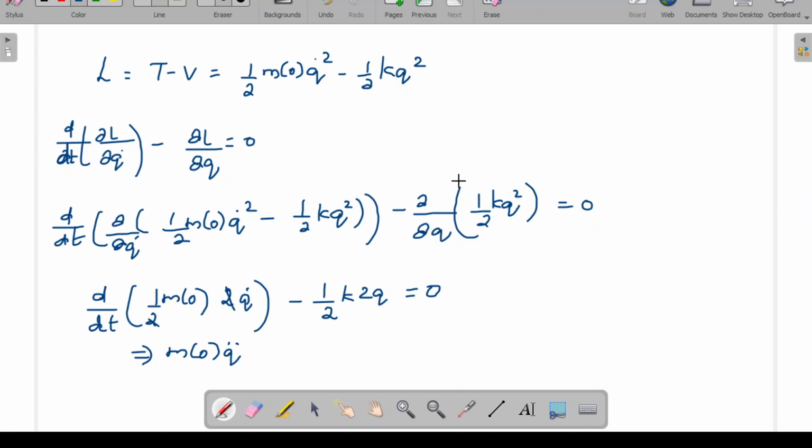This term turns out to be 0 when we take the derivative. Then there is a negative here, so that negative with a negative here becomes positive. So this becomes plus half kq, the half will get cancelled, that is kq equal to 0.